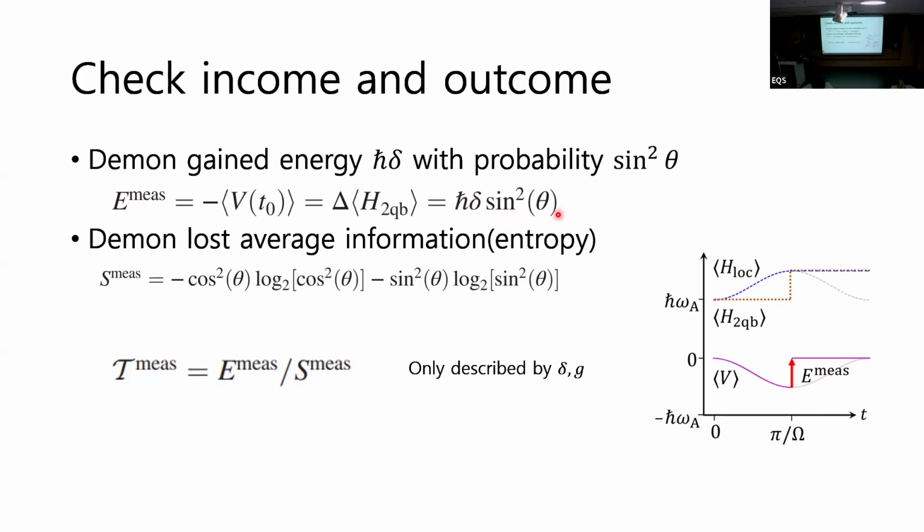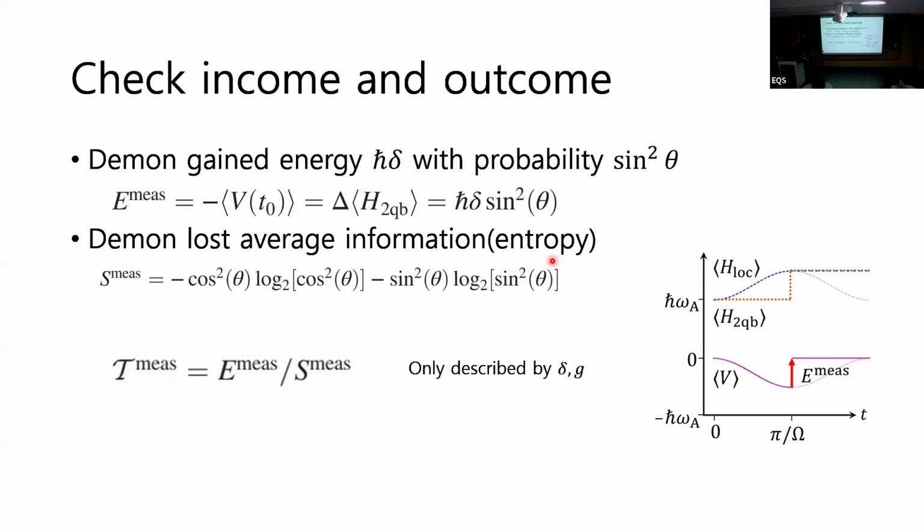On the other hand, the demon lost average information. Average information is entropy. Before the feedback process, there was uncertainty about whether the system was in 1-0 or 0-1, uncertainty before checking the result. But after the feedback process, this uncertainty disappears. The system is definitely in 1-0 after the feedback.